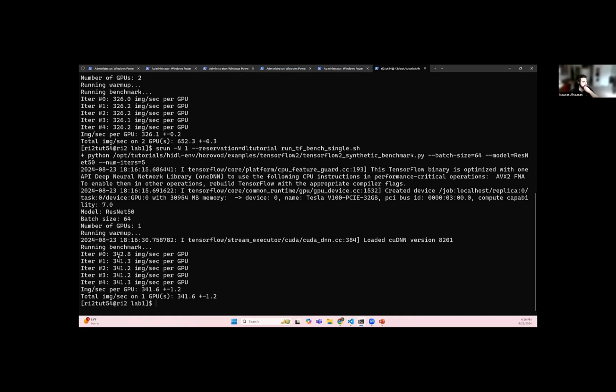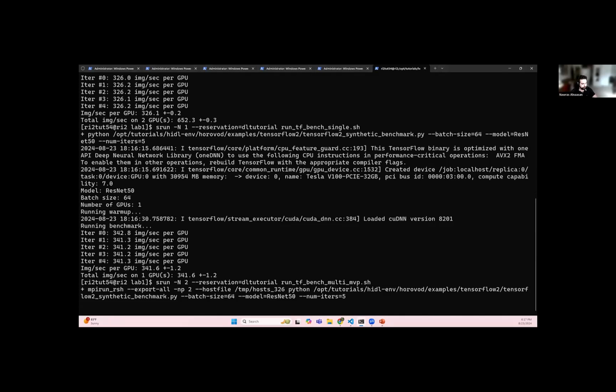Okay, so it's around 340 images per second on the one GPU. Now we're going to run it on the 2 GPUs.